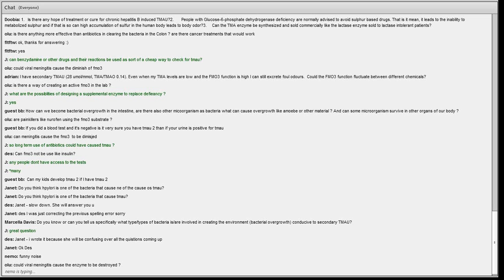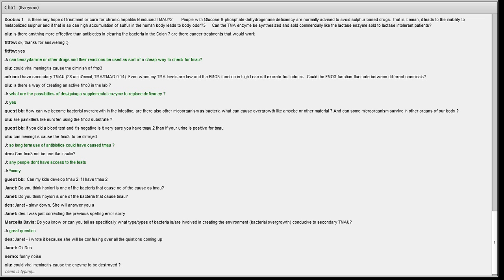Are there also other microorganisms as bacteria that cause overgrowth, like amoeba or other materials? And can some microorganisms survive in other organs of our body? Sorry, that question is a bit complicatedly written, but does that make any sense to you?